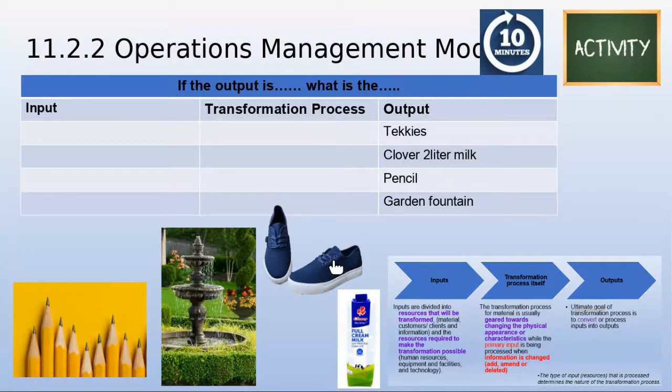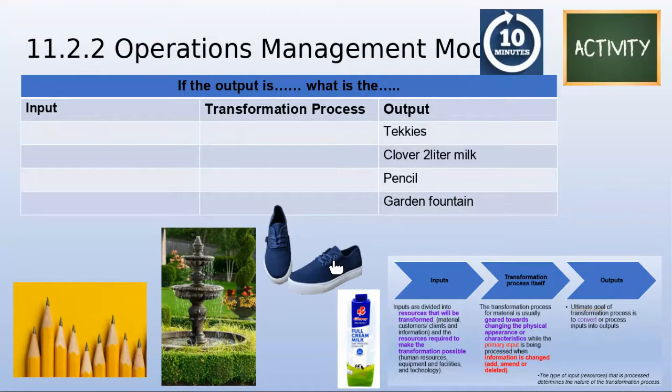So this is where we're essentially going to take all the inputs. We're going to use the labor, the machinery, all the resources that we need to manufacture the shoe. And we are physically going to change the way that material looks. So if it's just a square sheet of material, we're going to cut out the pattern and then start stitching the shoe together.